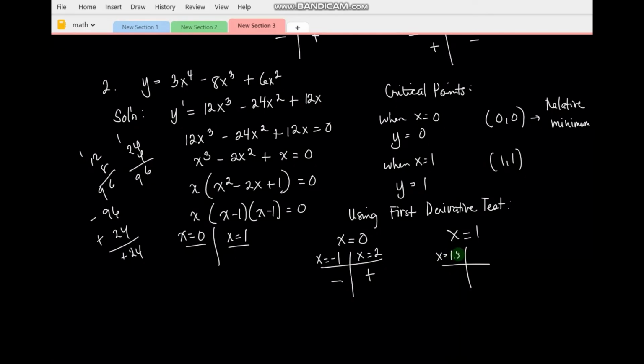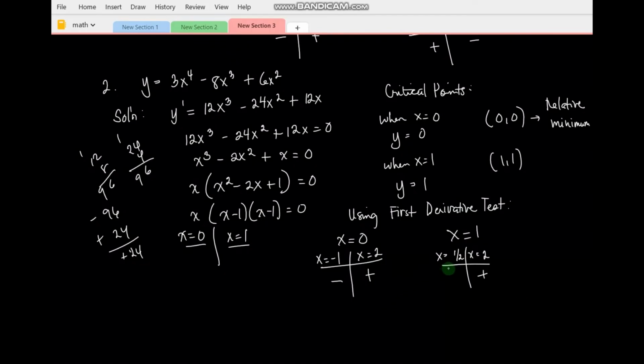Okay? 1.5 rather. So, 1 half or 0.5. Then it ends down. Okay? x equal to 2 is positive, right?